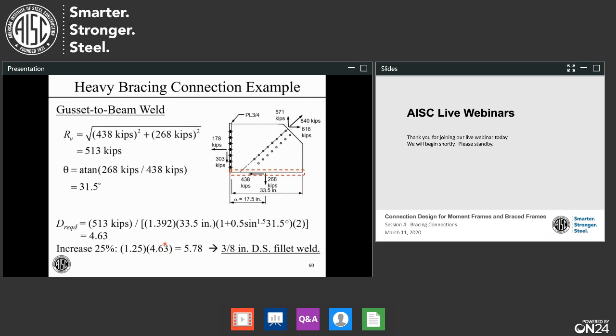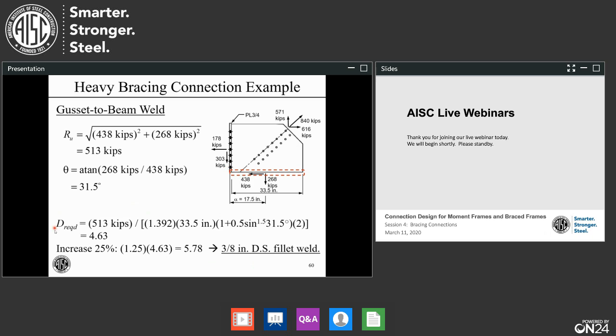So let's take a few of these limits so you can check them, just sample ones. The gusset to beam weld: the required force for that is the resultant of these 2 forces, or 513 kips. We need to know the angle that resultant makes with the horizontal. That's 31.5 degrees.